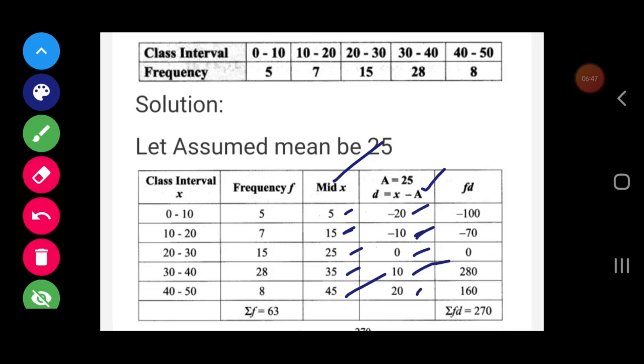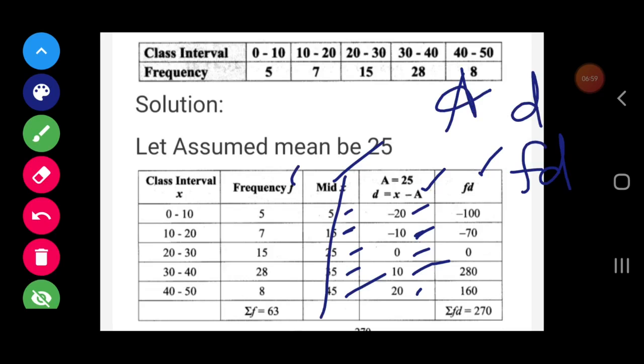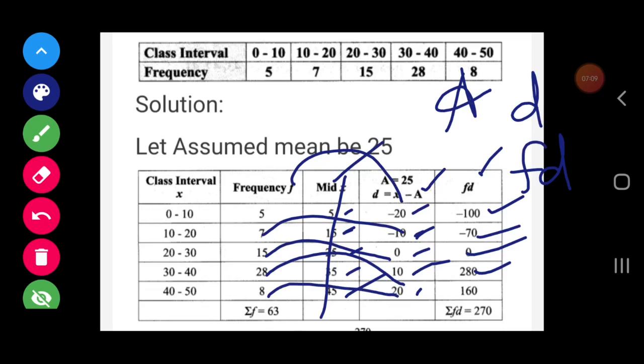Now we need to find f into d. When it is the assumed mean method, we find d and multiply f and d, we should not take the x value. So f into d will be minus 100, 7 into minus 10 is minus 70, 15 into 0 is 0, 28 into 10 is 280, 8 into 20 is 160.